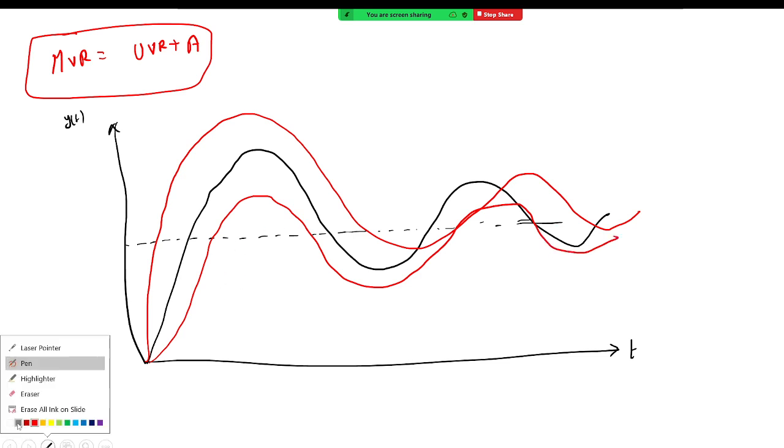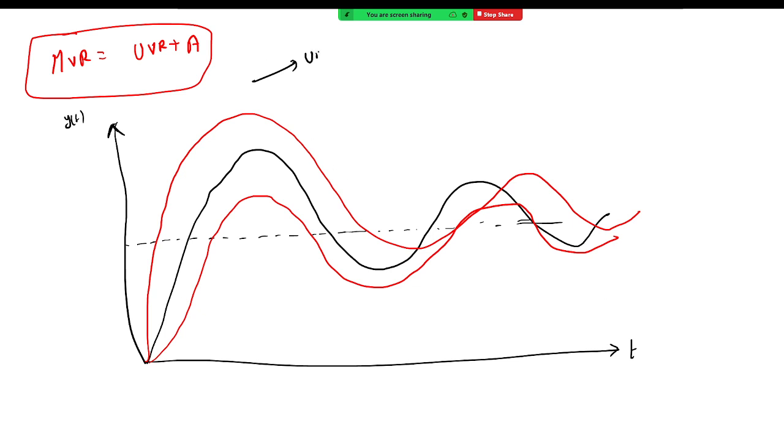I have plotted three curves, and if you see oscillation in the system, then definitely it will be an underdamped system, right? And your zeta will be less than one. So let's say this one is zeta 1, this one is zeta 2, and this one is zeta 3. Now tell me which relation will be correct.